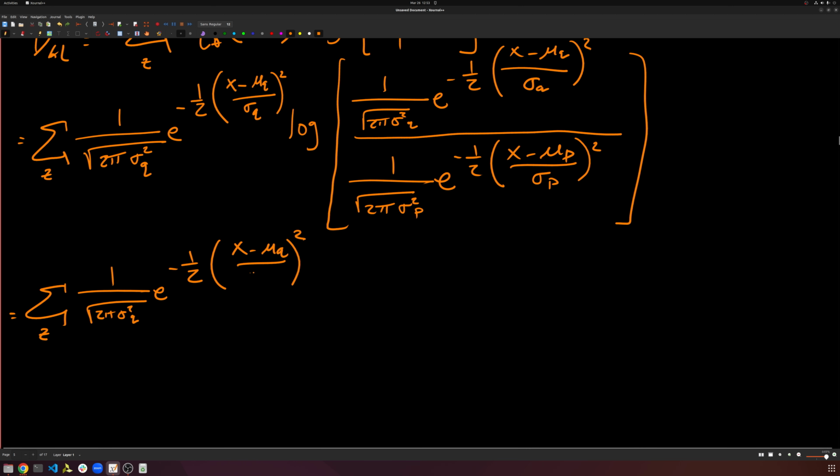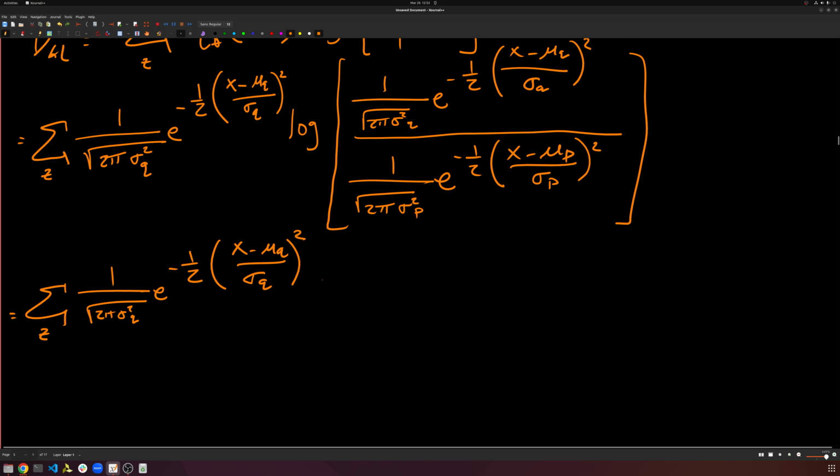Just put it on a faster speed and you'll get the same idea. But I'm going to write it just so it's clear. So sigma q, that's fine. And then we're going to have the log. First, the log of a over b, which we know is log a minus log b. And the log of e to the power something is just the thing that was in the exponent. So we can basically do all these simplifications now.